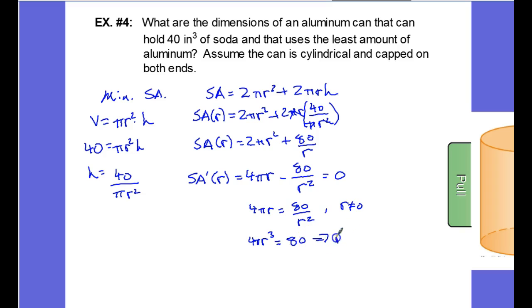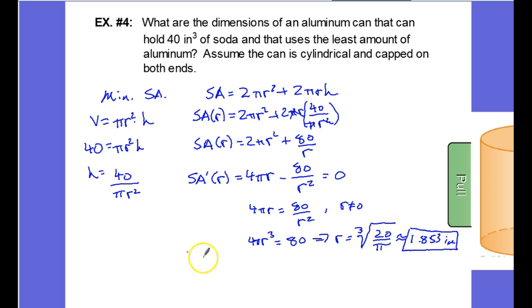And then solving for r, we get the cube root of 80 divided by 4 pi, and that is 20 over pi. Now that is approximately 1.853 inches. So that is what the radius is going to be.